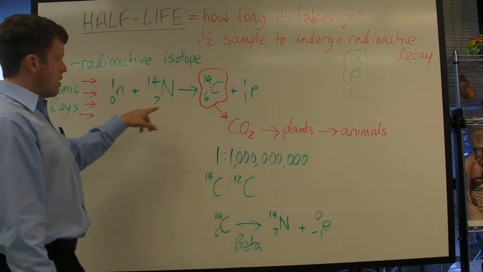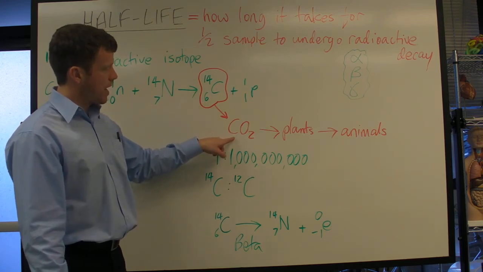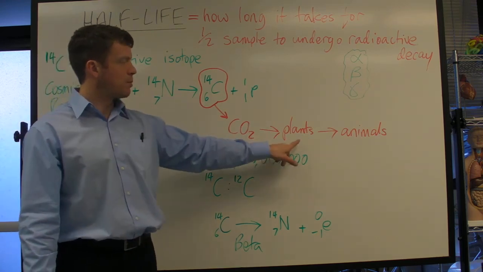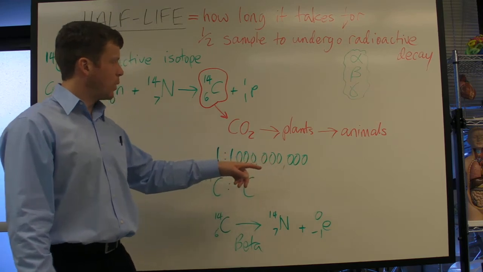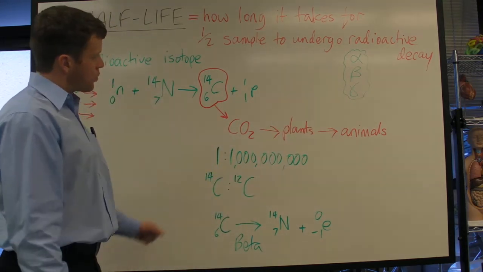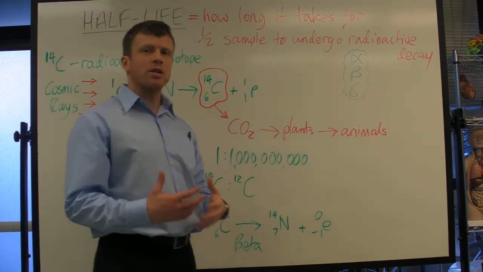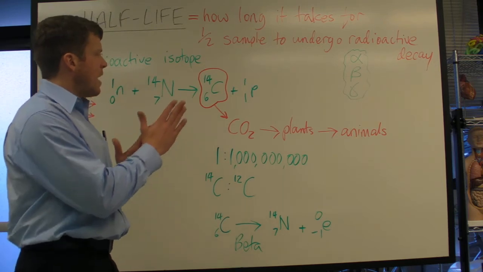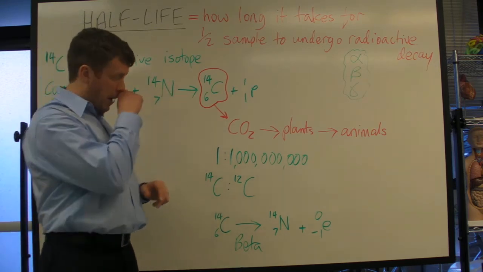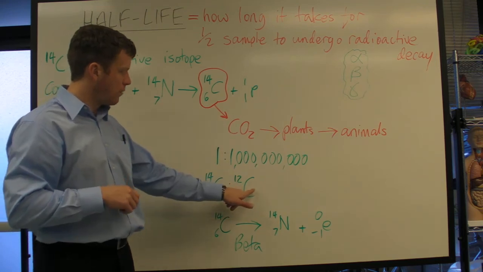So the carbon-14 actually ends up in carbon dioxide, which is the gas that plants breathe, and we eat plants or we eat other animals that have eaten plants. So there will always be a certain amount of carbon-14 in animals and plants. It's a really, really tiny amount, and it's actually the ratio of carbon-14 to carbon-12.